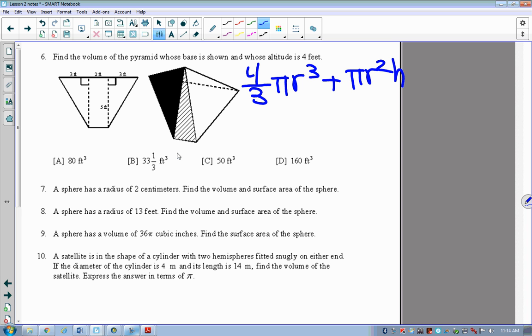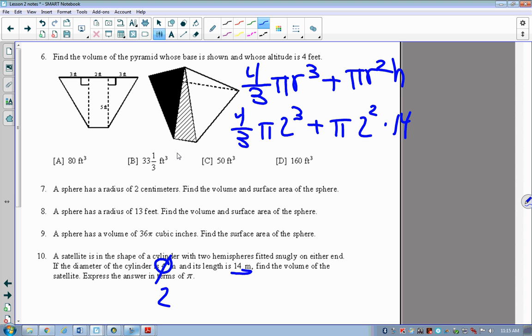So I'm going to use 14 for the height of the cylinder, and I'm going to use 4 for the radius for everything else. Oh, I'm sorry, 2. So we have 4/3 pi, 2 cubed, plus pi, 2 squared times 14. Does all that make sense? I know I'm going through it really quick. 2 cubed is 8. 8 times 4 is 32, and 32 divided by 3 is 10 2/3.